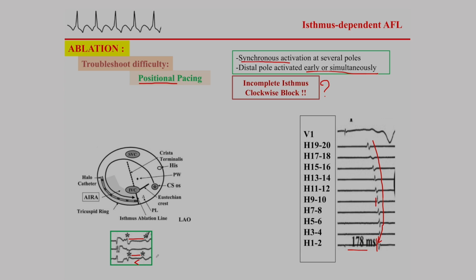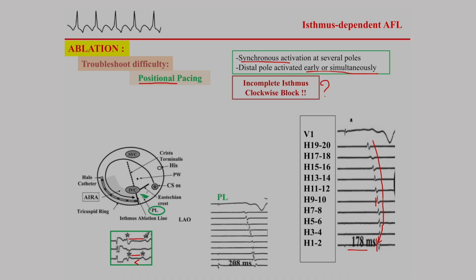So what we will do is make some positional pacing. We will start pacing from the posterior side of the catheter. When we pace from here, the distance in the counterclockwise direction to the tip of the catheter will be longer, as here.